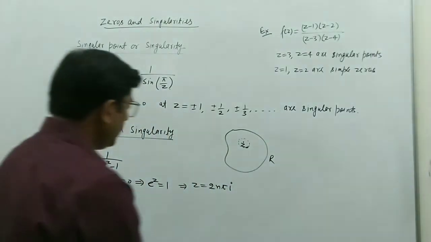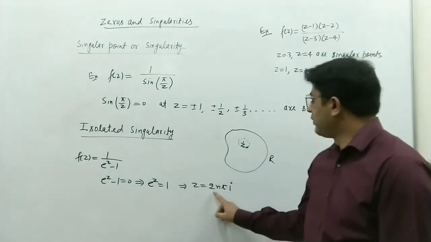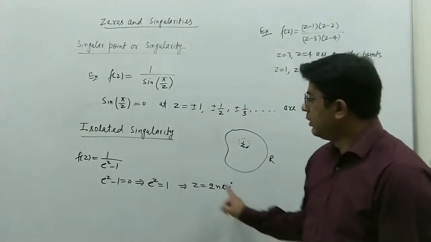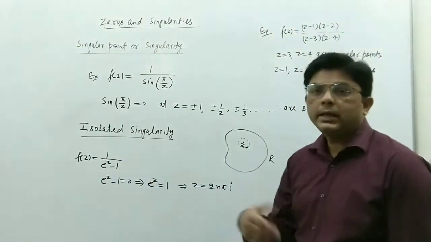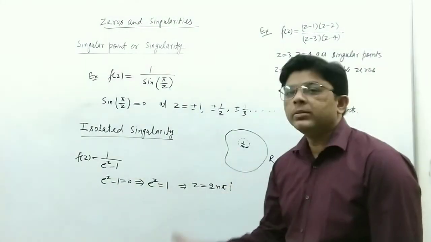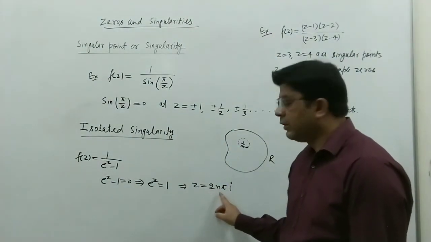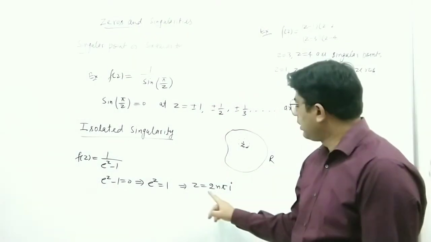Okay, 2nπi. Because if you put z equal to, suppose we put 2πi, so e^z will be cos 2π plus i sin 2π. cos 2π is 1 and sin 2π is 0, so the value is 1. And similarly, if we take n equal to 2, that will be 4πi, or n equal to 3, 6πi.